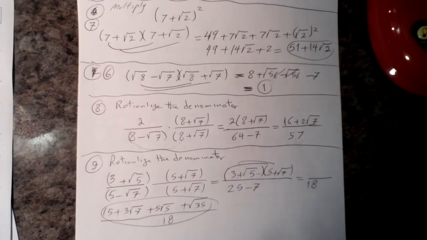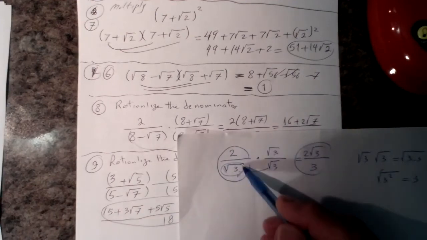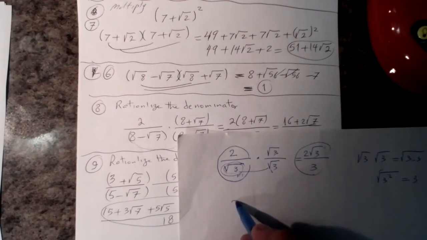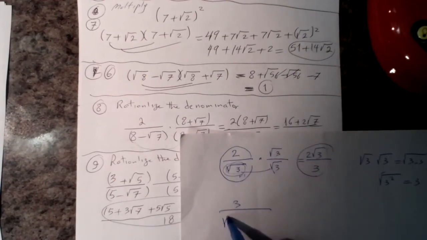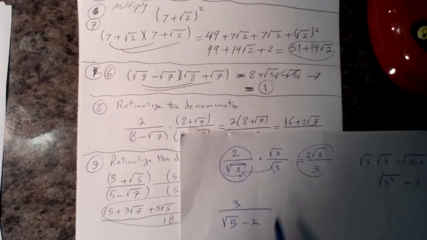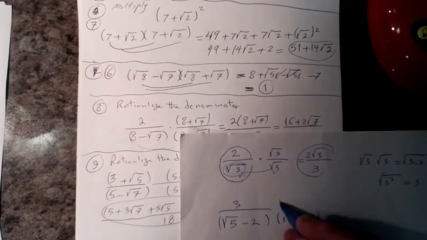So there are two kinds of rationalizing. One is you just have one radical, so you multiply by itself, or you have something like this, look. Radical 5 minus 2. It's not just one radical that you multiply by itself, it's the difference. So in a case like this, to rationalize, you multiply this by what? Radical 5 plus 2 over radical 5 plus 2.